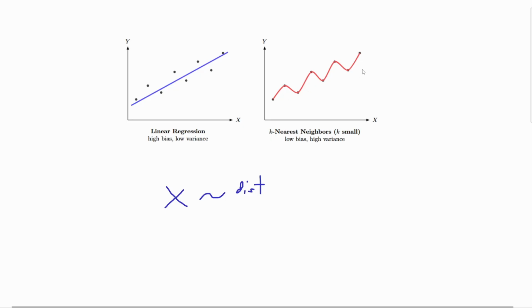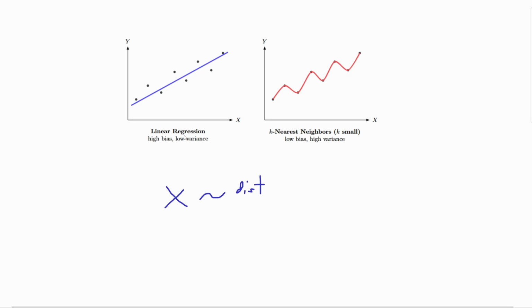On the other hand, KNN, in this case, let's say k is small. If I sample again with different data, then the line will look a lot different. So we say that the variance of KNN is high. Okay, so what about bias?